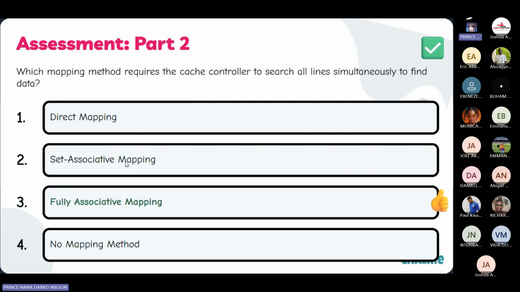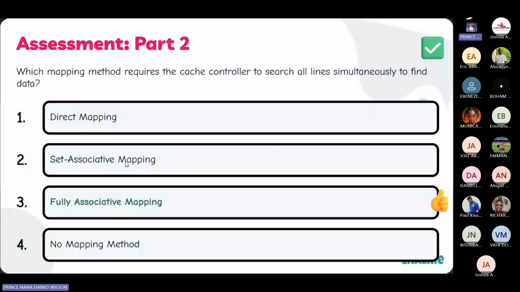So maybe in that set, instead of searching through several million different spaces or several thousand different spaces, you are only limited to searching about 4 or 5. So that's what the set associative does. So it reduces how much the CPU has to search to find where the data has been stored.